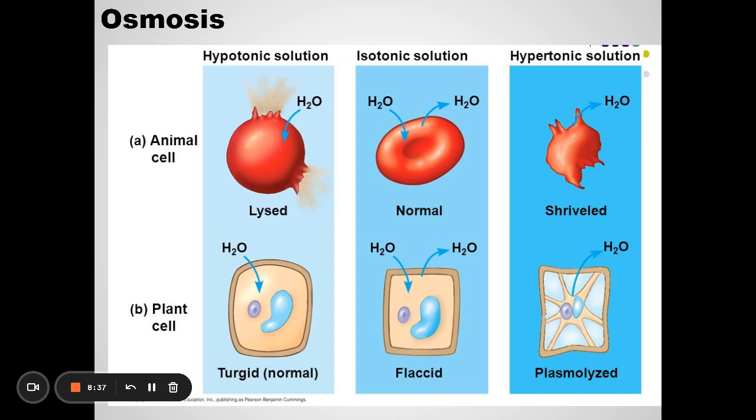So if there's a higher concentration of water outside of the cell, there's a lower concentration inside of the cell, then water is going to go into the cell from high to low concentration. And the cell is going to expand.